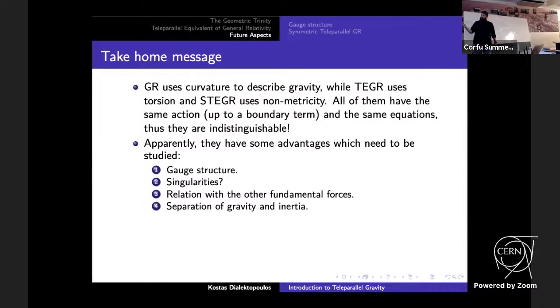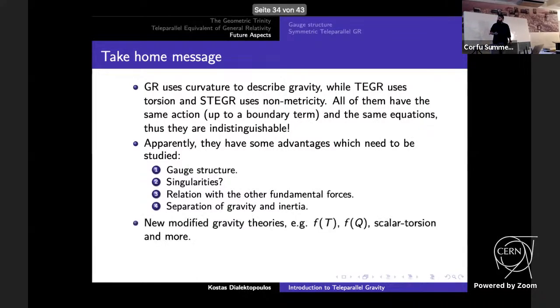As I said, the relation with other fundamental forces is better formulated here because of the gauge structure. And also, there is a separation between gravity and inertia, because as I showed you in the equation of particle motion, gravity was on the right-hand side acting like a force, while the inertial effects were on the left-hand side.